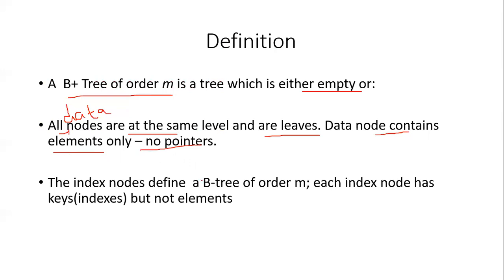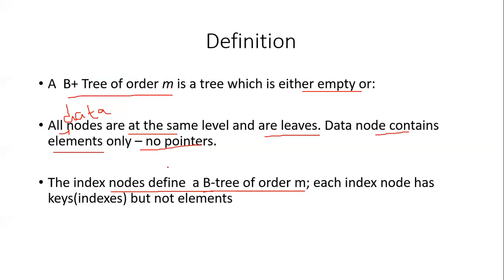What is the property of an index node? The property of an index node is the same as that of a B tree of order M. That's it, nothing else. So this is how we define the B plus tree. A B plus tree of order M is a tree which is either empty or satisfies two conditions.